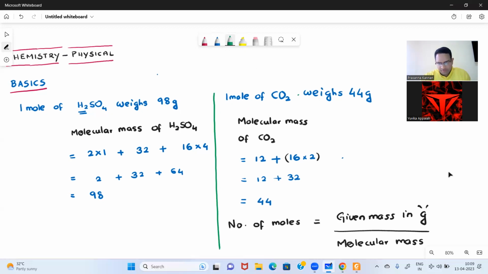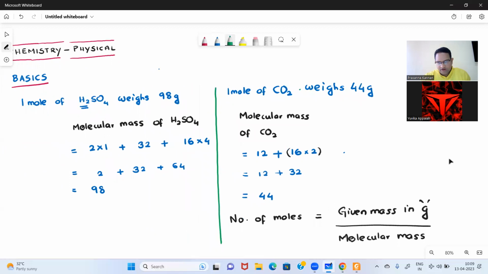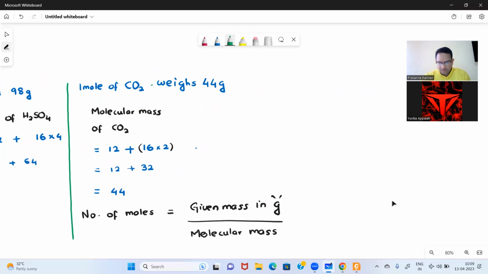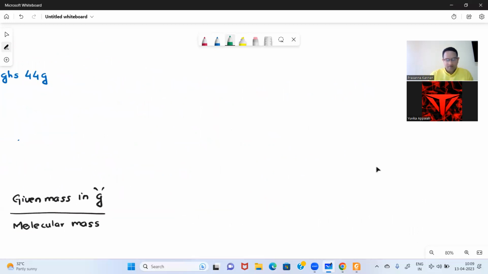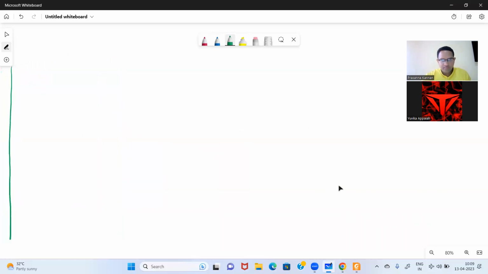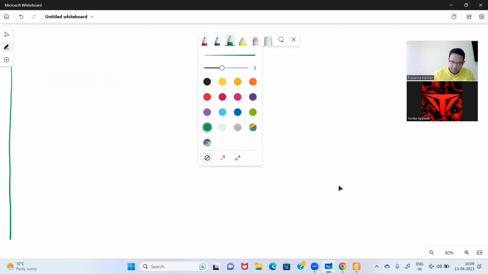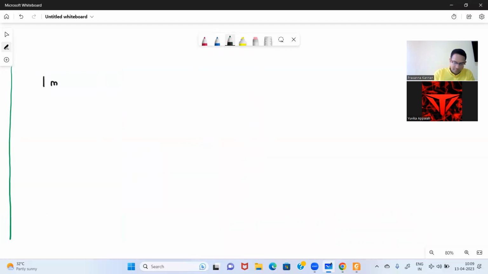Now, let's look at another relationship, Yuvika. So now we have looked at mole and mass. Next, we look at mole and the number of molecules. One mole of any compound contains Avogadro number of molecules.